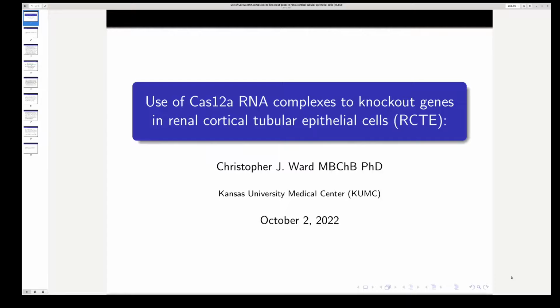And they have detectable amounts of fibrocystin, which is a product of the autosomal recessive polycystic kidney disease gene. And the name of this gene is polycystic kidney and hepatic disease 1. So that's PKHD1.